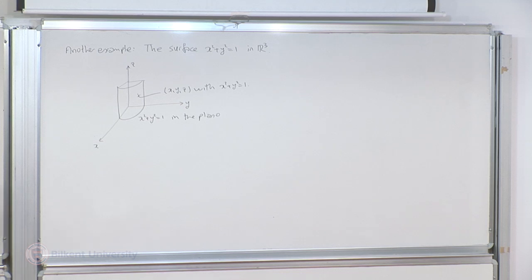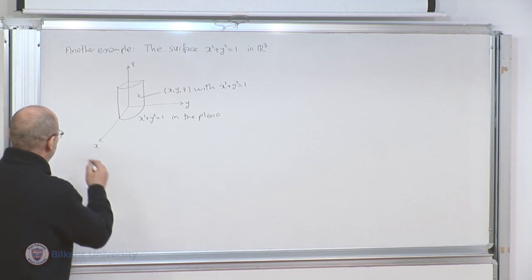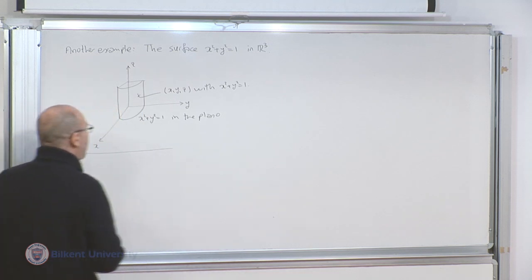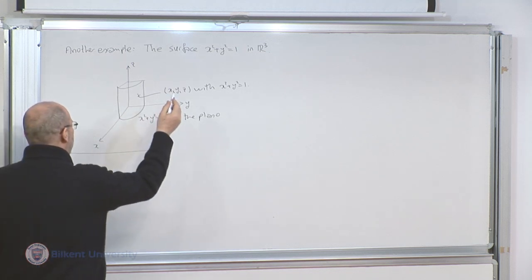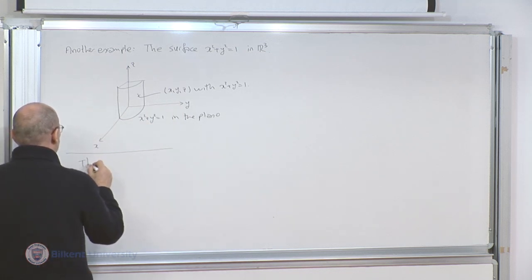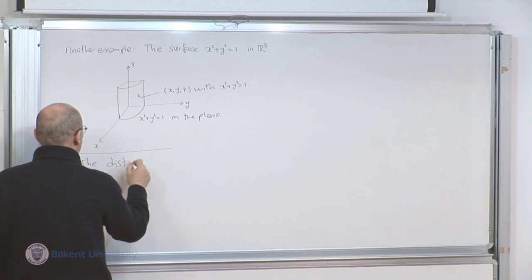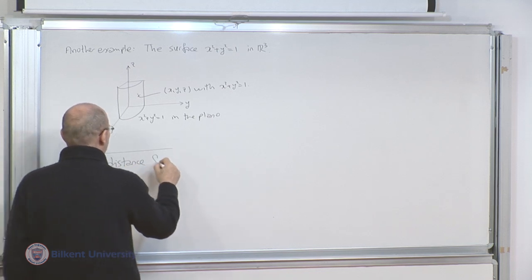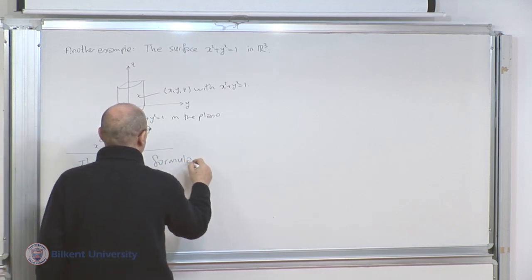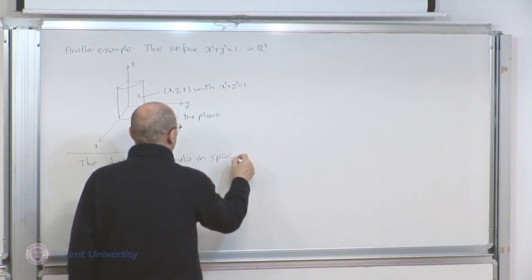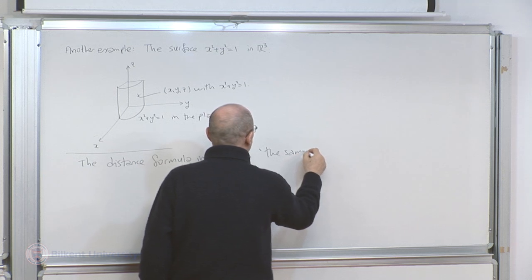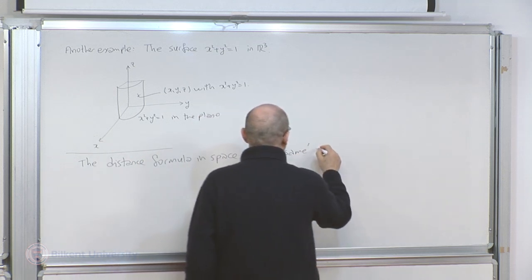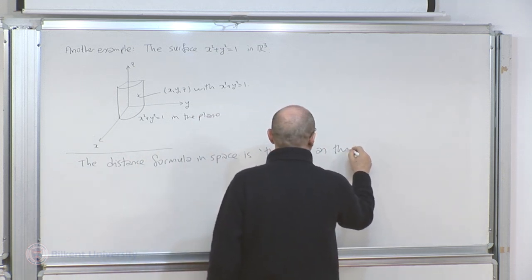Again, we have the usual distance formula that we use in the plane. In space, we again have the same thing. The distance formula in space is, let's say, not exactly the same, but the idea is the same as that of the plane.